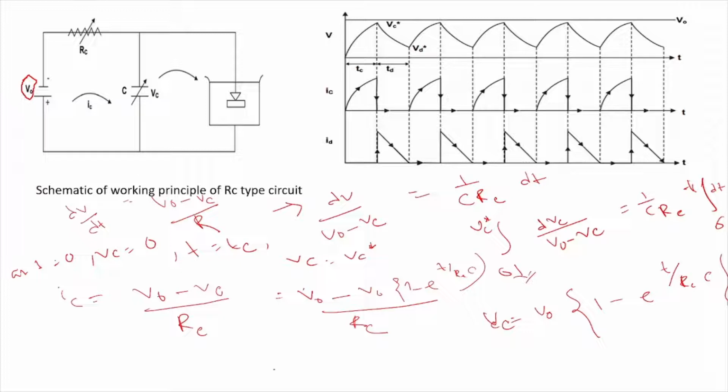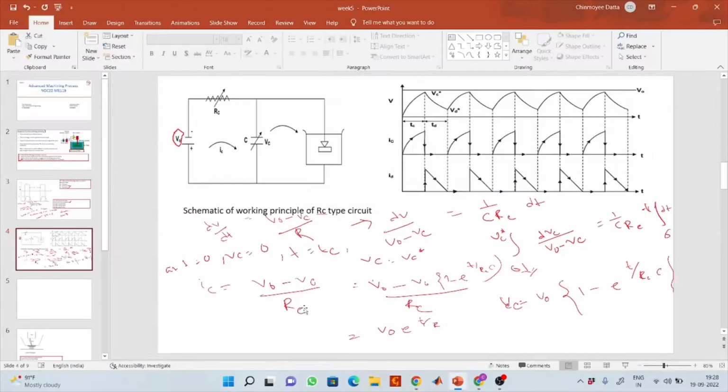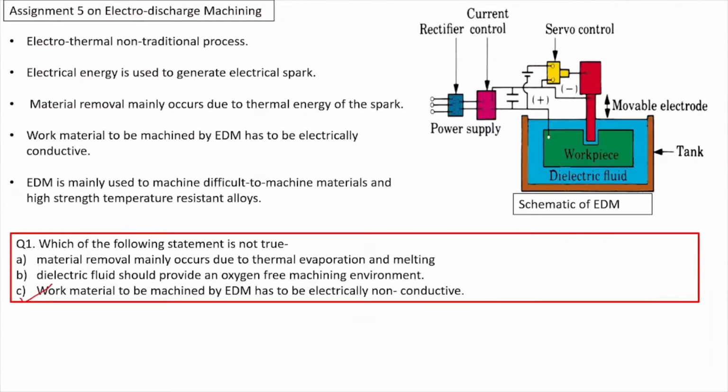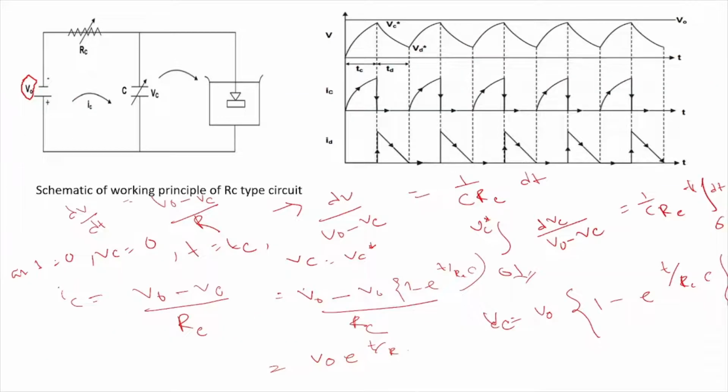Then if we simplify it, we'll get Vo by Rc, and if we simplify more, then Io into e to the power minus t by Rc into C.